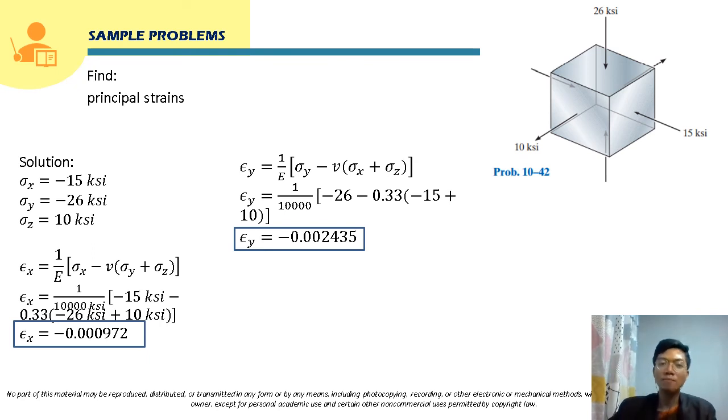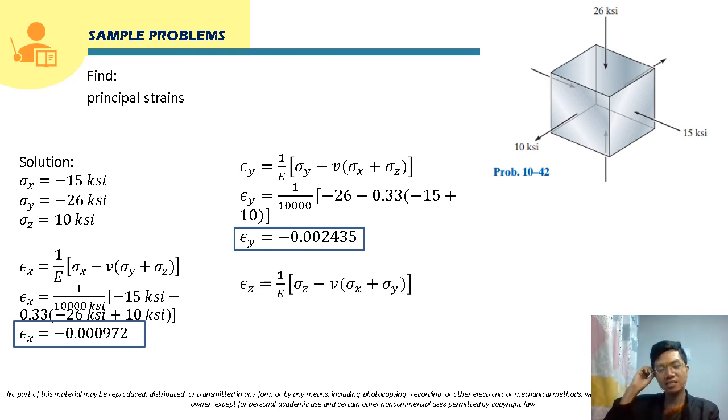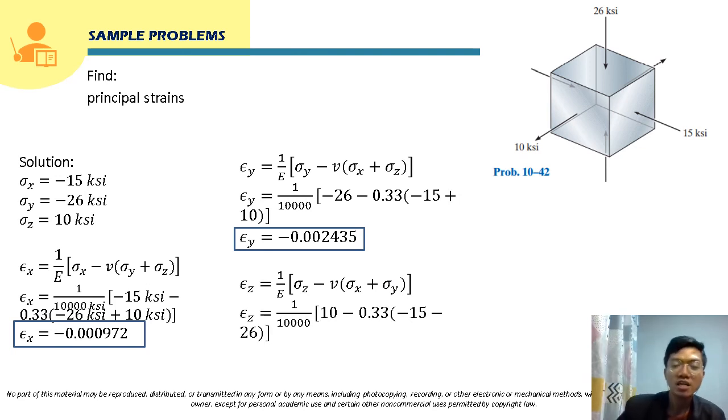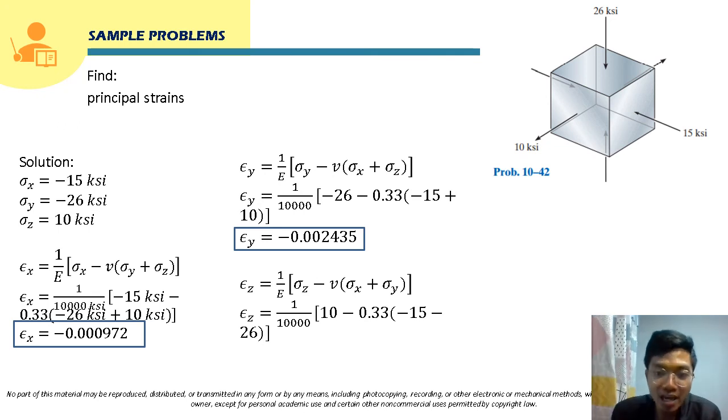Lastly, for the strain in the z direction, this is the formula. This is already the combined strain in the z direction due to the stresses in the z, x, and y directions. Substituting the values here, this will be 1 over 10,000 times 10 minus 0.33 times negative 15 minus 26.